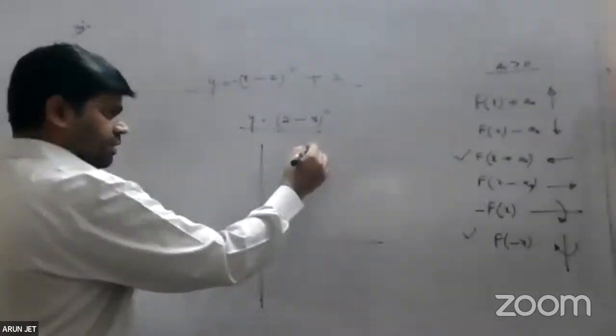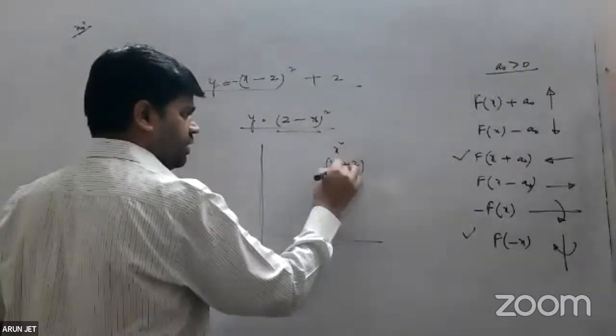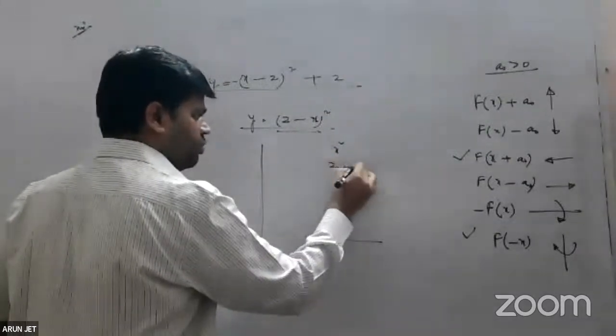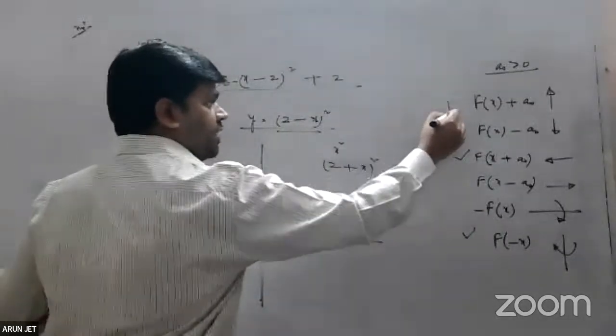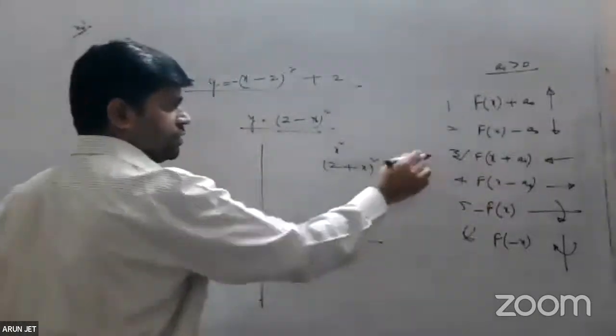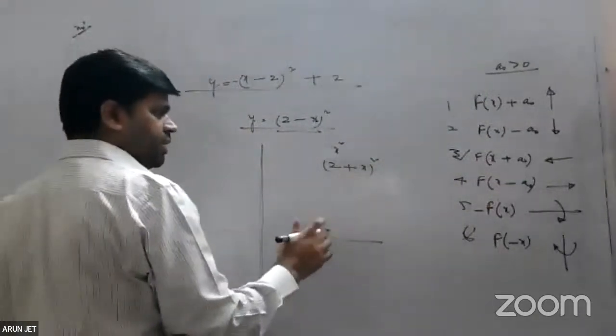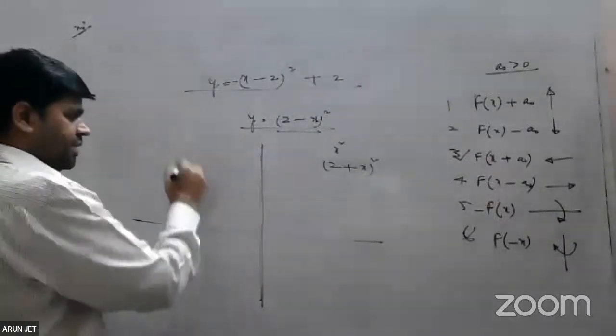I first do x square, then x plus 2 whole square, or 2 plus x whole square, which is this one. Translating it towards the left by 2 units, I'll get this one.